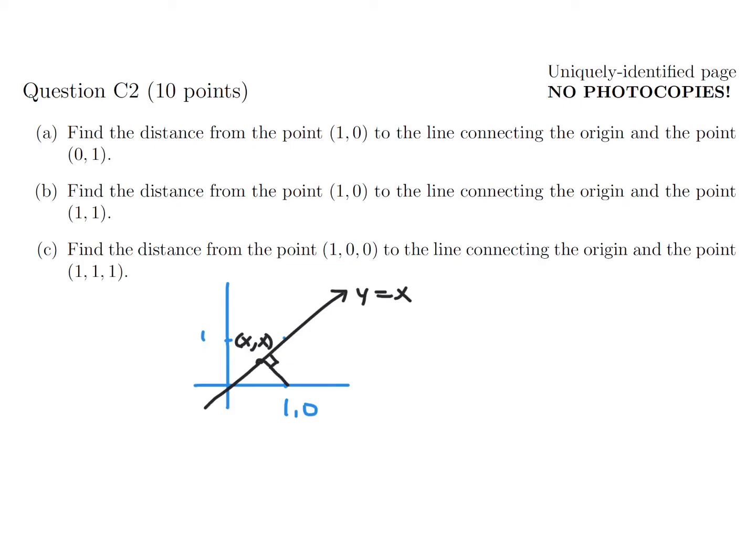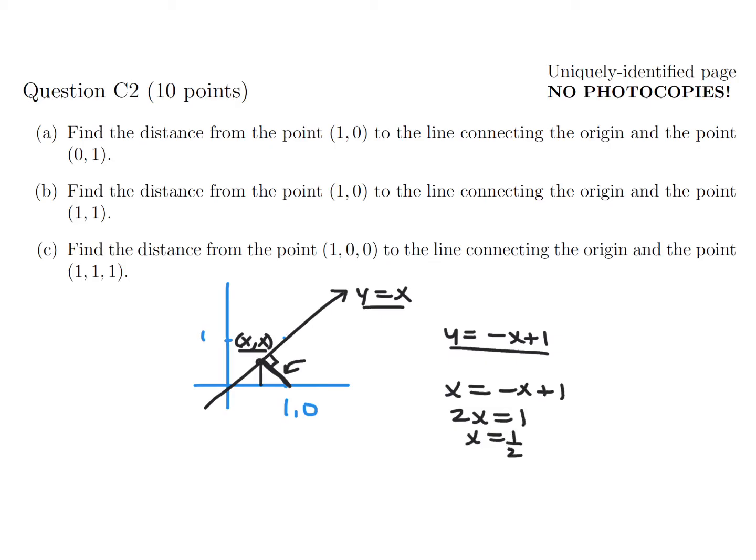Then we should, just for the sake of completion, figure out the equation of this line, and I'll let you do it. I'm certain you can do it. It'll be minus x plus 1. So really what you're doing is trying to find the intersection point of these two lines, and when you do, you will get 2x equal to 1, therefore x is a half. So that point is (1/2, 1/2).